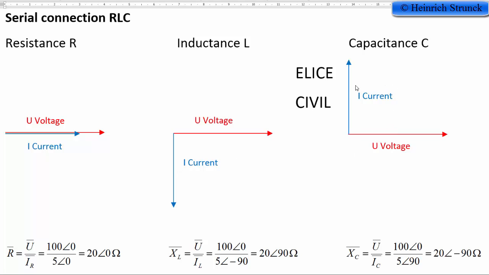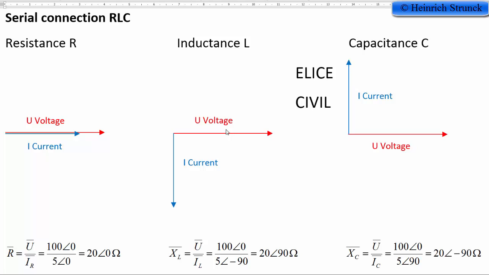And for the capacitor, the current is leading 90 degrees in relationship to the voltage, or the voltage is lagging 90 degrees in relationship to the current.